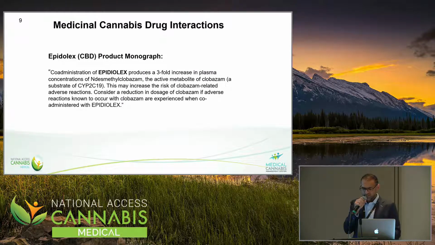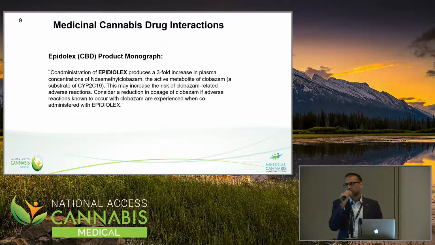So Epidiolex, they do also mention the clobazam issue. So there's an increased risk of clobazam-related adverse reactions. And just going a little bit back, that's part of the reason why this is all important, right?